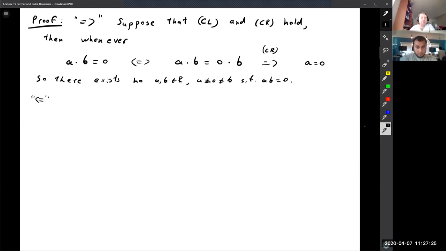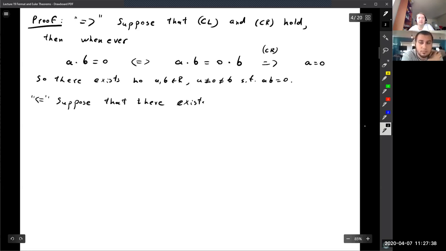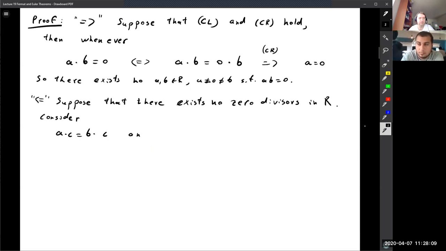Now suppose that there exists no zero divisors in R. Okay, so then consider the expression AC equals B times C, and let's assume that C is non-zero, right?